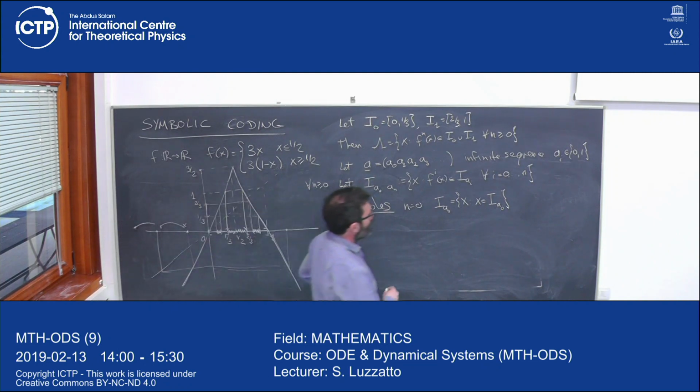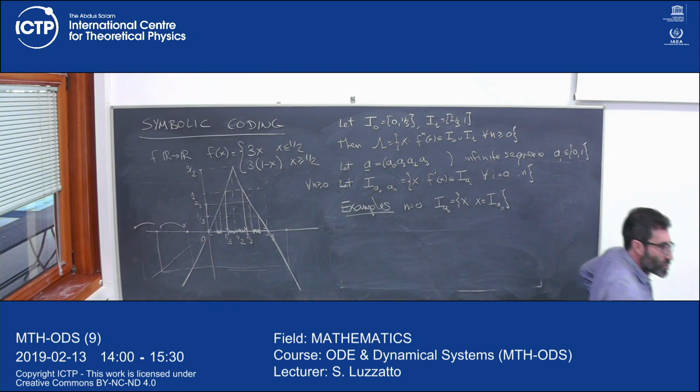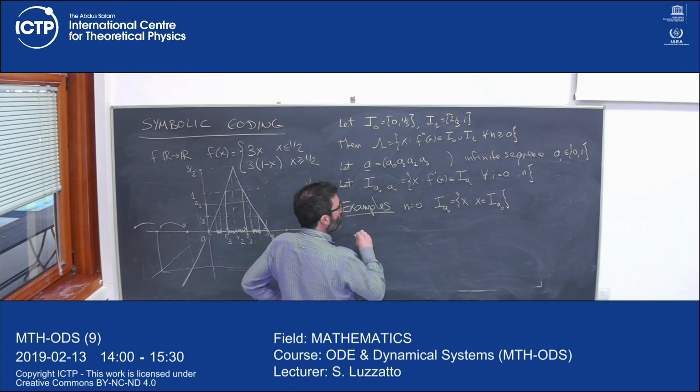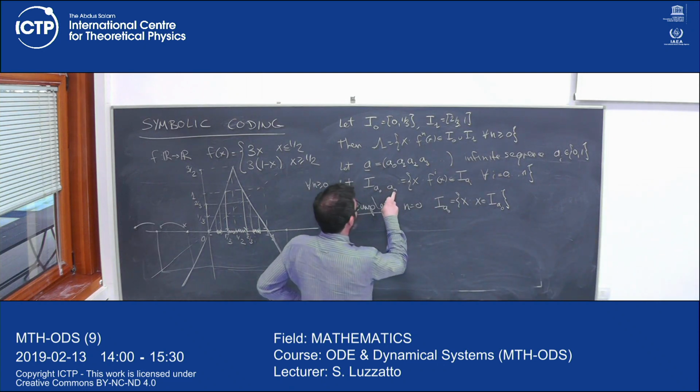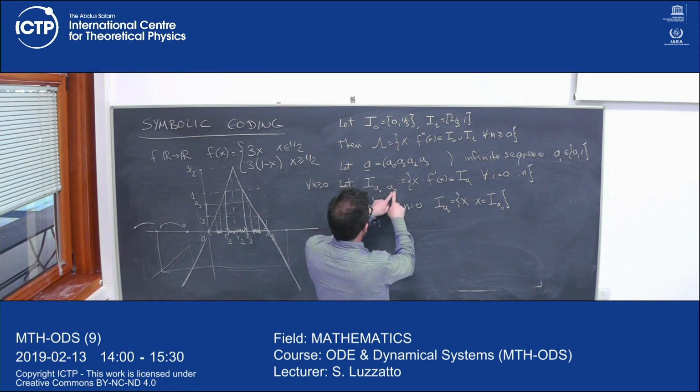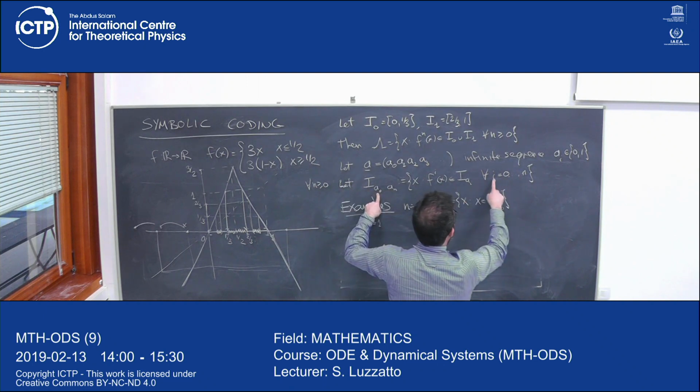But can we check the case when i equals 1? To do that you need to take n equals 1, because when n equals 0, you just have i equals 0.